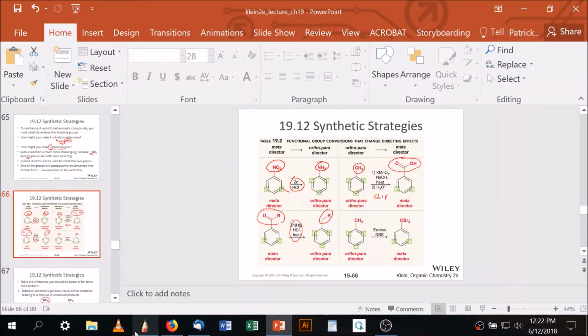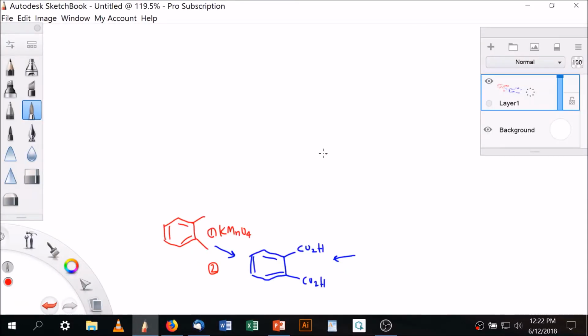So back over here, potassium permanganate, sodium hydroxide, and heat, and then we follow this up with acid, right? Okay, so this is a reaction that we got from chapter 18. I don't remember what page it's on. If it's not familiar, you should go back and look at it, okay?